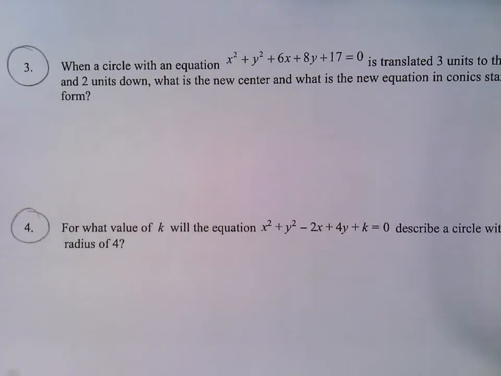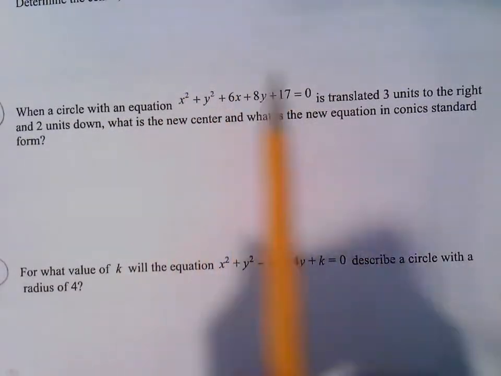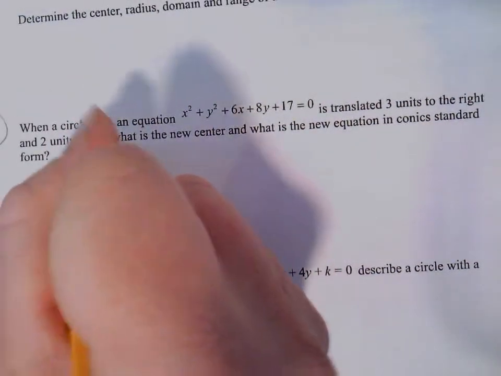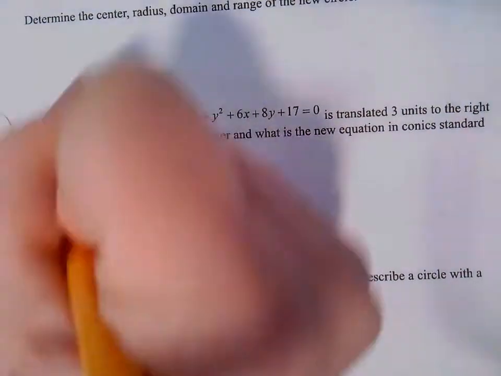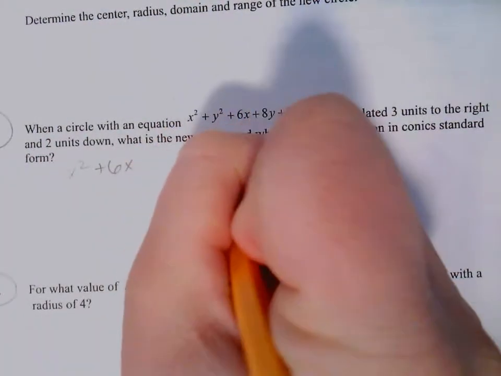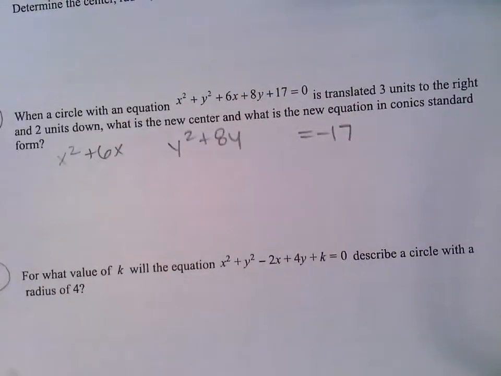Number 3, so again, practicing putting this into conic standard form. You might want to pause the video first and put this into conic standard form. I was just going to talk about the rest of this terminology, so maybe pause the video. Now I'm going to put it into the standard form. So let's see, x squared plus 6x, y squared plus 8y equals negative 17.